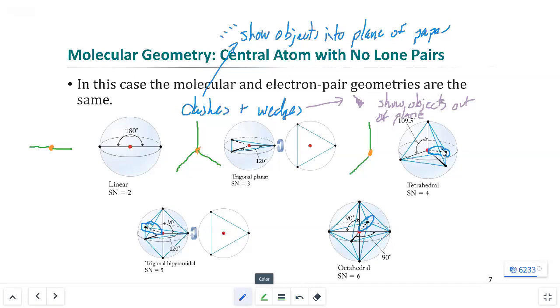So in a lot of ways, it looks like a trigonal planar. The difference is that we're going to have dashes going into the paper and a wedge coming out of the paper to show that three-dimensional nature of the tetrahedral.